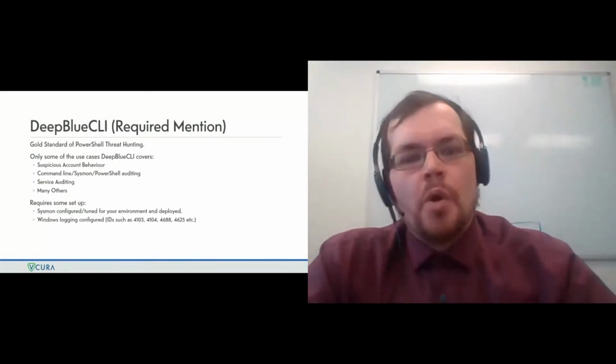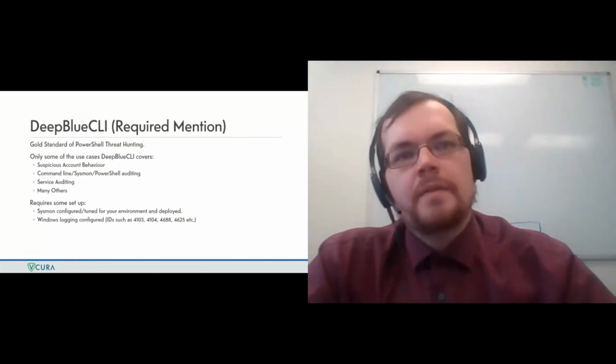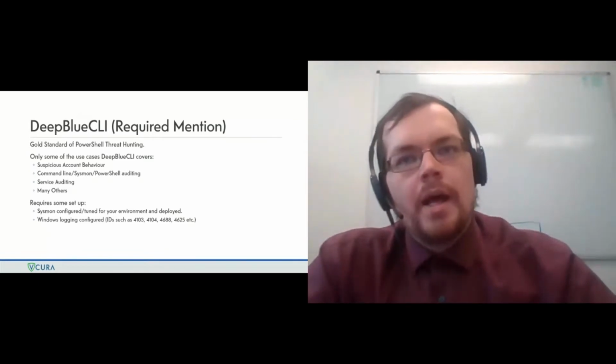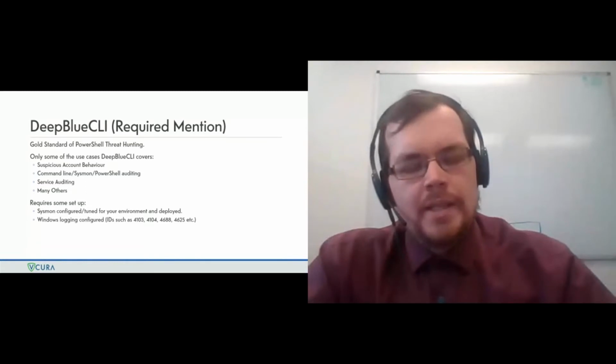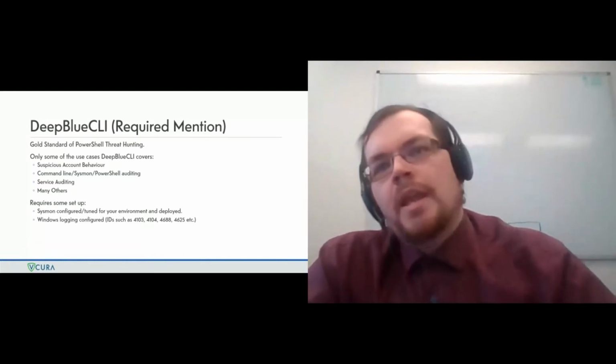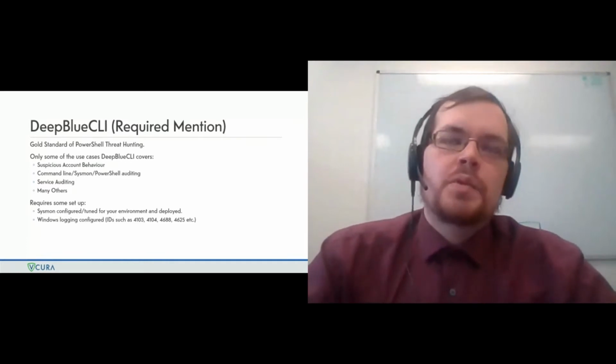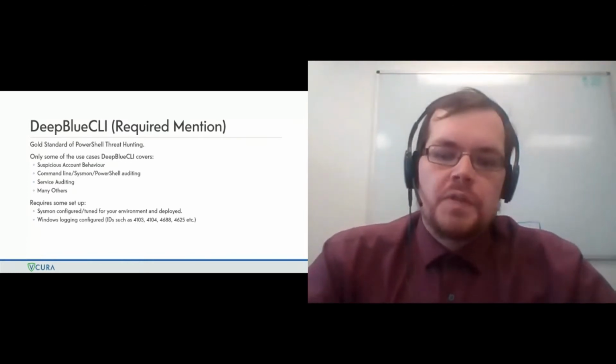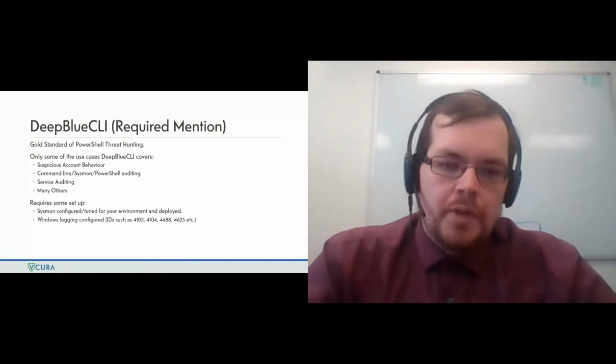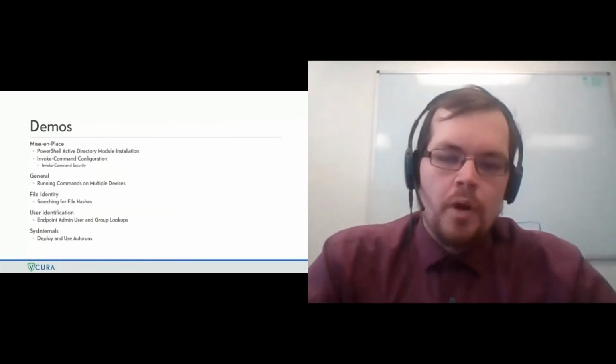It requires you to already have some of the Windows logging IDs that are disabled by default enabled and having already collected logs so that we can properly utilize Deep Blue CLI, where I want the focus to be something that you can take back and use right away tomorrow or on Monday.